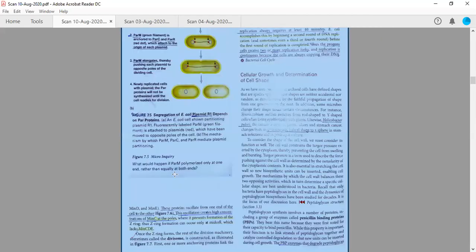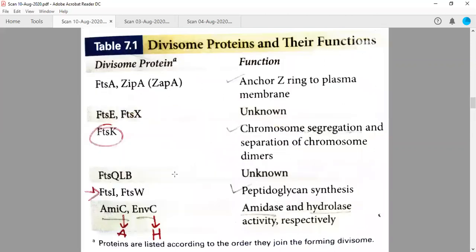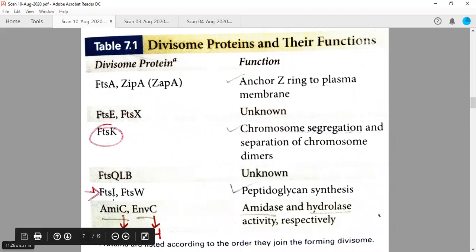And there is another Fts member that is a makeup of this complex, FtsQLB, and we do not know the function. FtsI and W are required for peptidoglycan biosynthesis. We have discussed peptidoglycan synthesis in bacterial cells. So these two proteins are also involved in the formation of peptidoglycan polymers. Okay. Then there are AmiC and EnvC, which have respective roles.